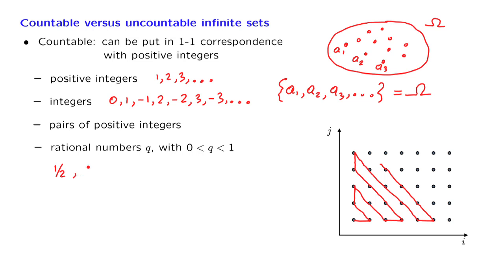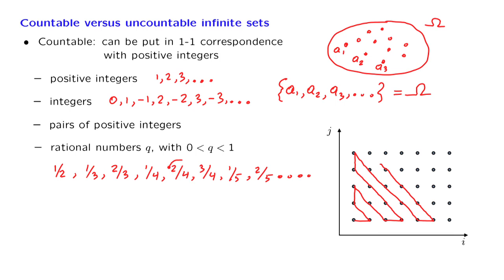Then look at the rational numbers that have a denominator of 3. Then look at the rational numbers, always within this range of interest, that have a denominator of 4. And then we continue similarly, rational numbers that have a denominator of 5, and so on. This way we're going to exhaust all the rational numbers.